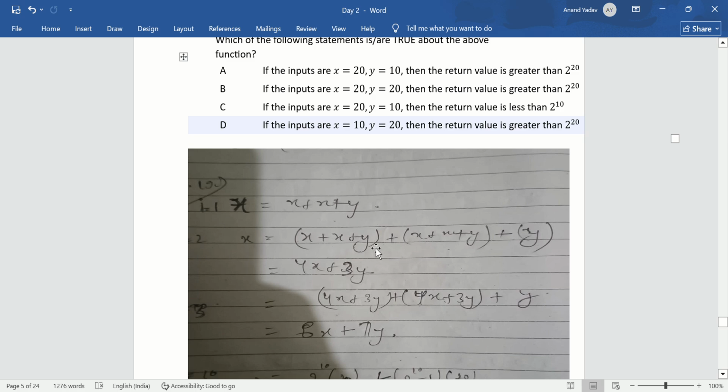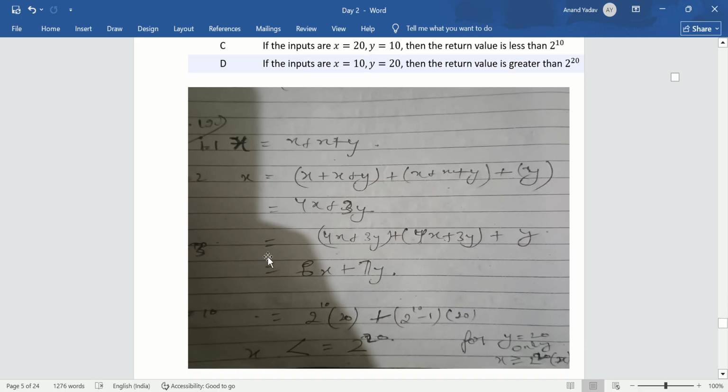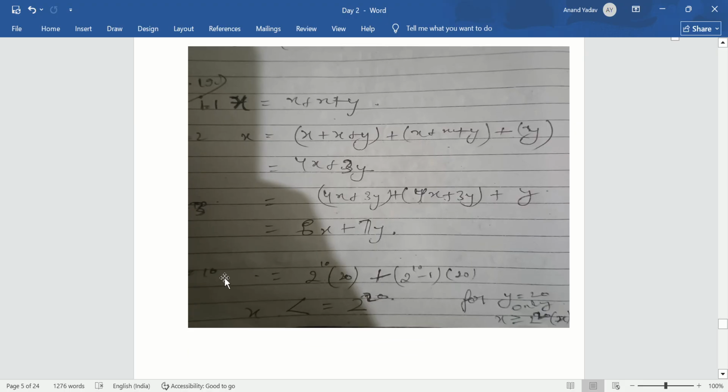When I is equal to 2, then x equals x plus y plus x plus y, and then y. Now when I is equal to 3, it will be 4x plus 3y plus 4x plus 3y plus y, and it will calculate to x plus 7y.